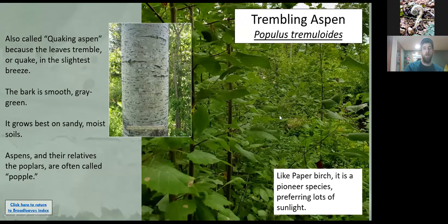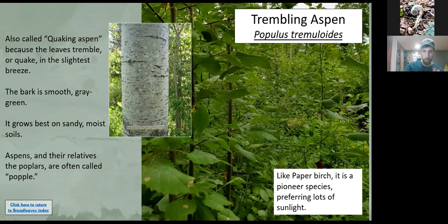We really have two aspens that are common in the state, and then a couple of others that play more minor roles here. Trembling aspen, or quaking aspen, is called that because all aspens have flattened petioles, so they're not rounded like a lot of other trees.